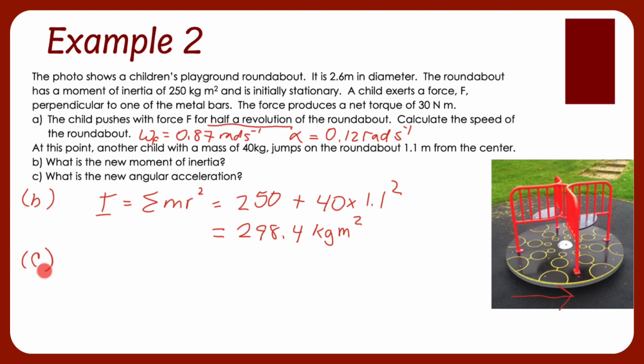And C. What is the new angular acceleration? Well, in this case, we're going to have to assume that the torque remained constant. And I'm going to use Newton's second law again.